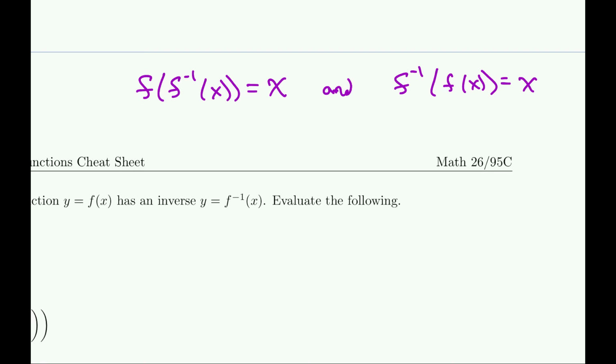Okay, so what you want to think of is this. You want to think of inverses as canceling out the function. So like f of f inverse, cancel and just leave you with the x. And then here, f inverse of f, cancel and just leave you with the x. Okay, and that's true no matter what the number is. So it doesn't matter what the function is.